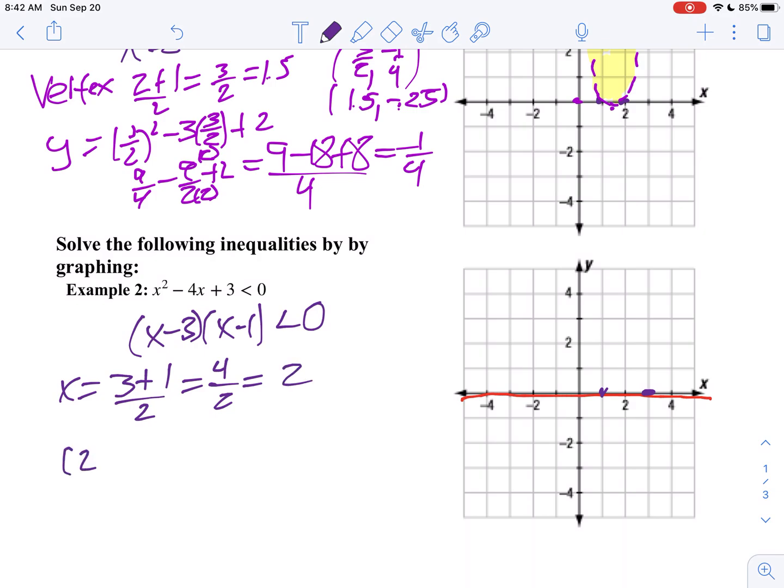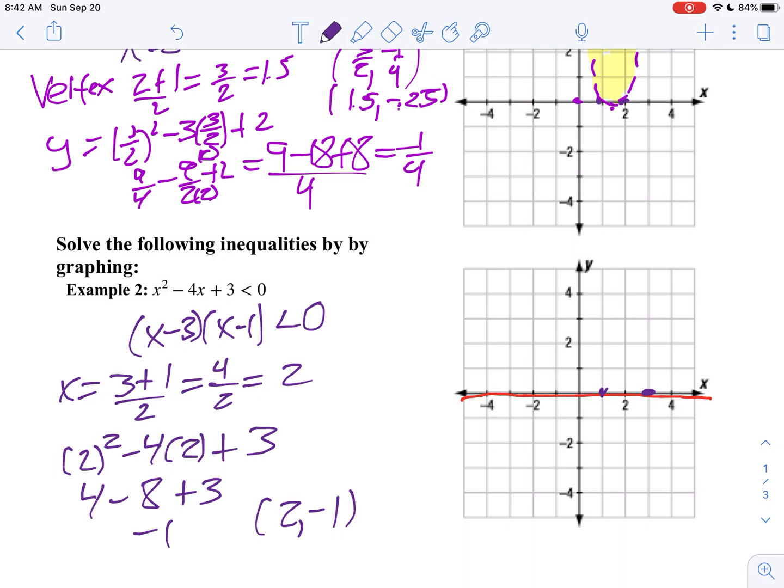We get 2 squared minus 4 times 2 plus 3. Well, 2 squared is 4, minus 8, plus 3. 4 plus 3 is 7, minus 8 is negative 1. So my vertex is at 2 and negative 1.